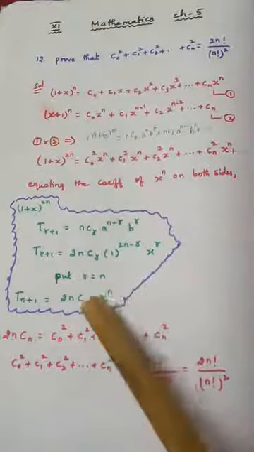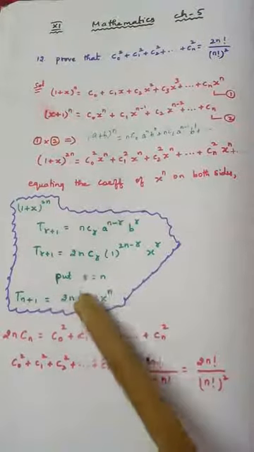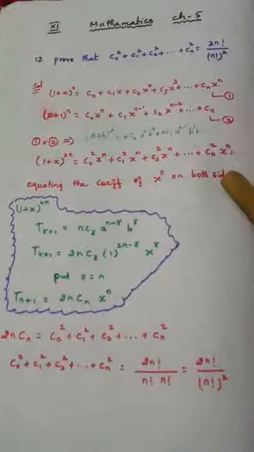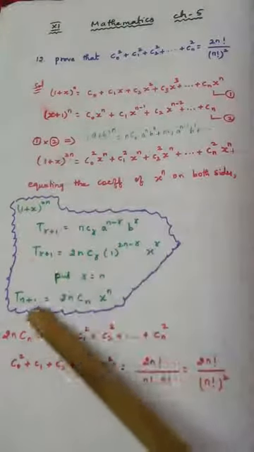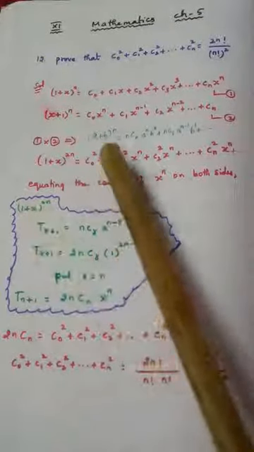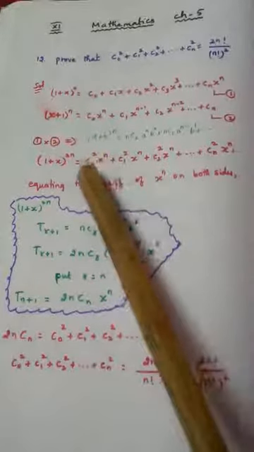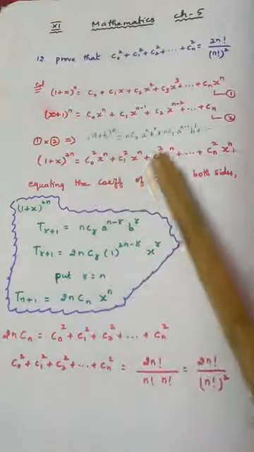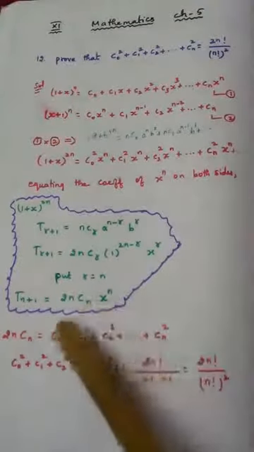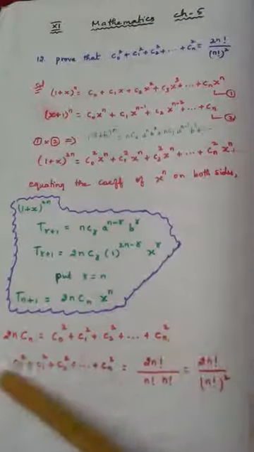So this is the coefficient of x power n. So equating the coefficient of x power n on both sides: for the left hand side the coefficient is 2nCn, is equal to, in the right hand side, what is the coefficient of x power n? C0 square plus C1 square plus C2 square plus etc. Cn square. Right. So now I am writing all these things here.